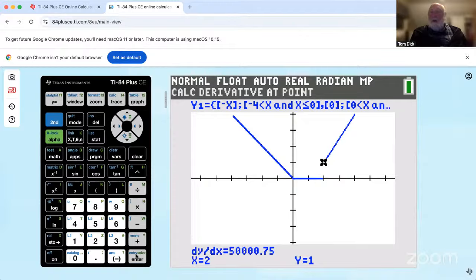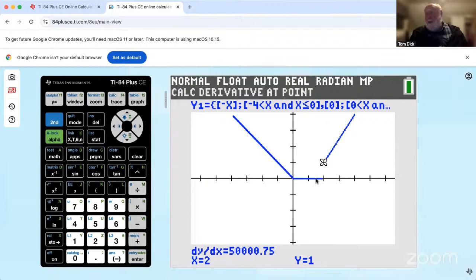Oh, really interesting. Look at that. It says the slope is 50,000. How did that happen, Tom? Well, I'll tell you what it did. It took a value very close to 2 on the right side and evaluated the y value there. You can look at this and say, what would it get? It would get something close to 1. Right. And then it took an x value just a little bit to the left of 2 and plugged that into the function.